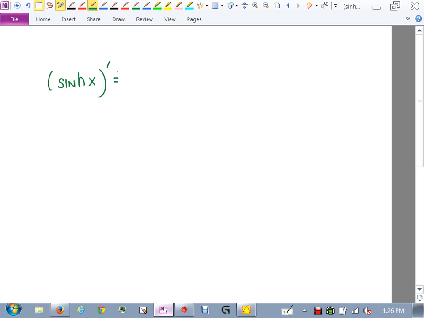What do you hope it is? Cosine hyperbolic x, and it actually turns out that it is. And for cosine hyperbolic x, what are you hoping it's going to be? Negative sine hyperbolic. Well, even better, it's actually sine hyperbolic x, and it's not even negative. Okay? By the way, these are all on page 186.